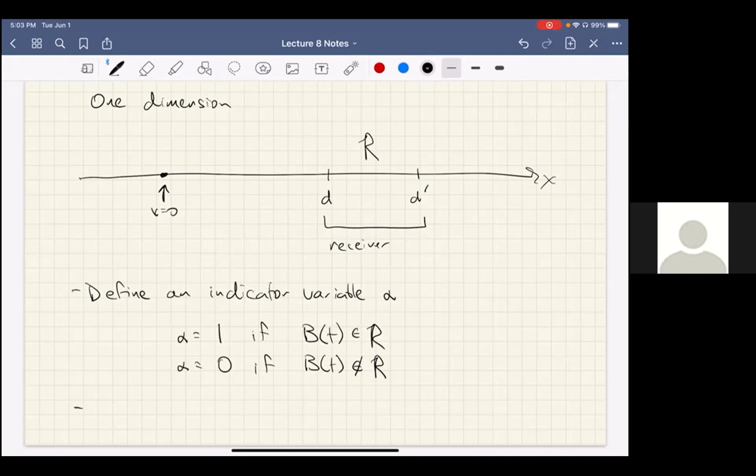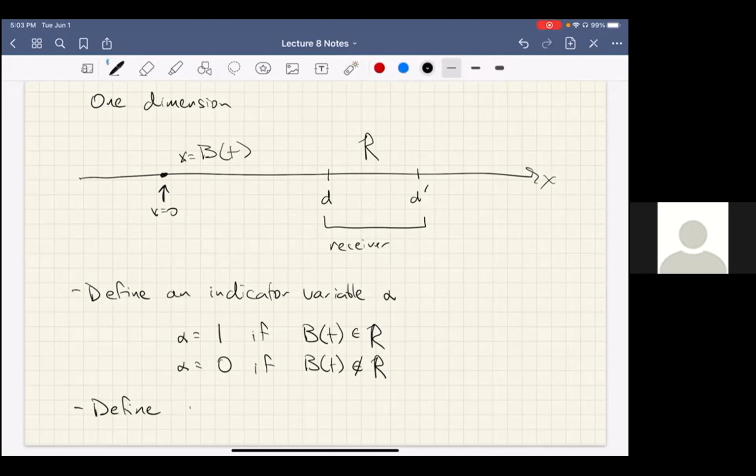I'm also going to define, so the motion is random. The position at any time is given by B of t, Brownian motion. So at any given time, the position of this particle x is equal to the Brownian motion. The Brownian motion is random. There is some random chance that this particle will end up in here.